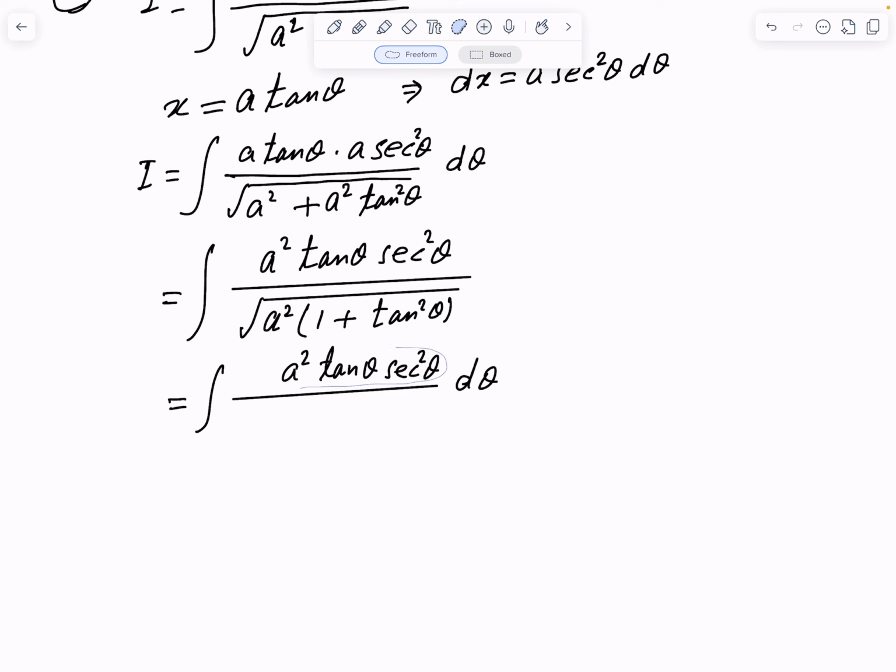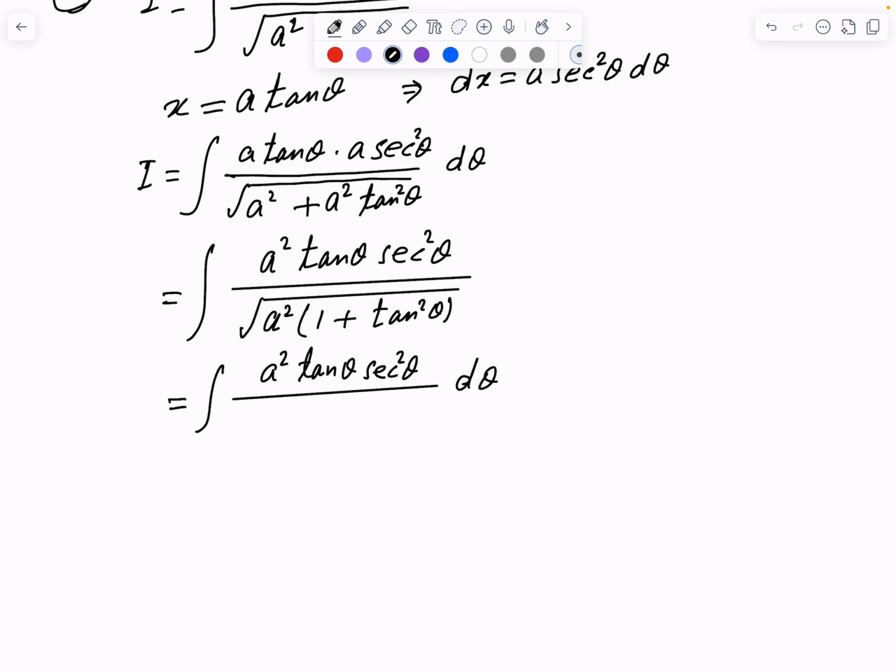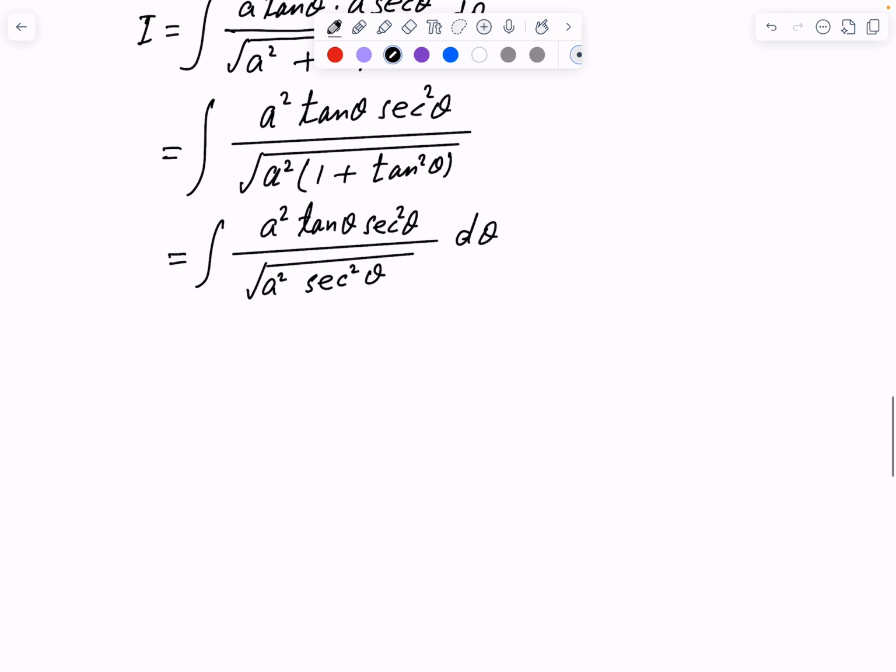Let me just center this one here. In the denominator we have a squared, and 1 plus tan squared is secant squared, so we have the square root of secant squared.